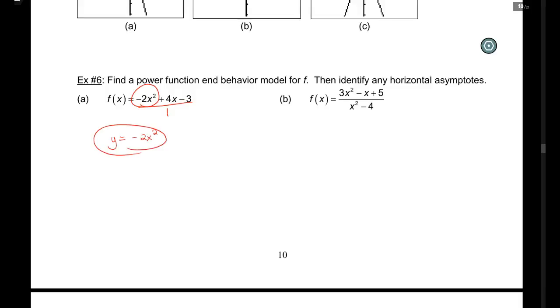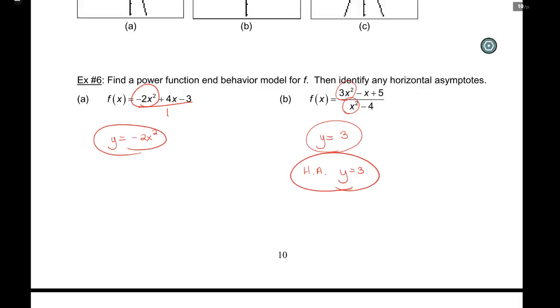This is a long name, power function end behavior model, it just describes. Here, what is it going to be? y equals 3. And that also happens to be a horizontal asymptote. This one didn't have a horizontal asymptote, right? Because it's just a polynomial. Good.